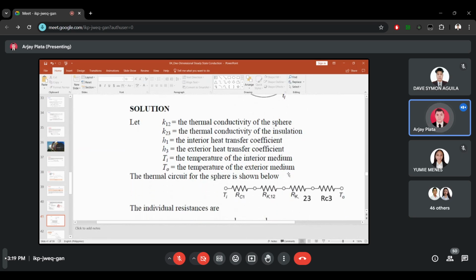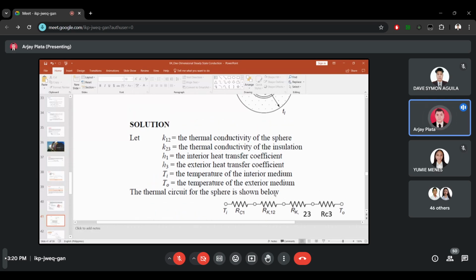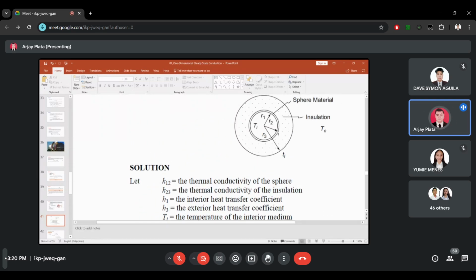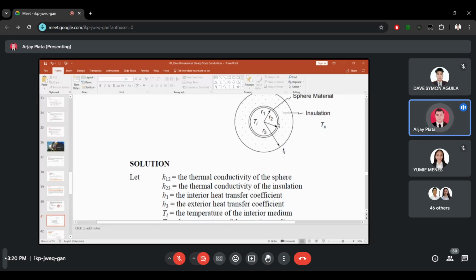The next one is the thermal resistance for conduction at 1 to 2. This is for the sphere, conduction of the sphere. The heat will transfer from the steam to the inside surface of the sphere and to the outside surface of the sphere, so from R1 going to R2.